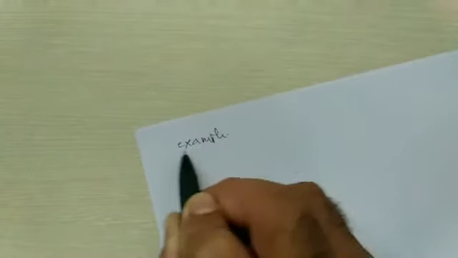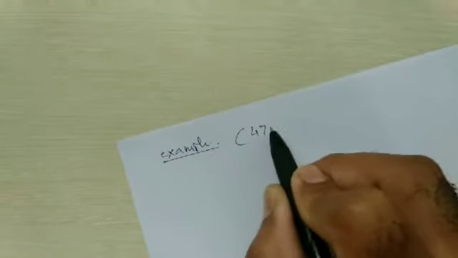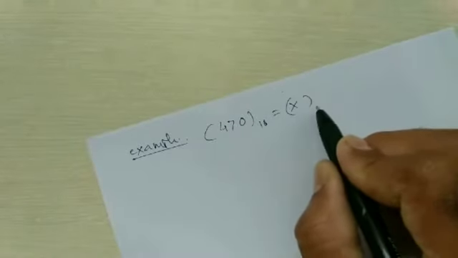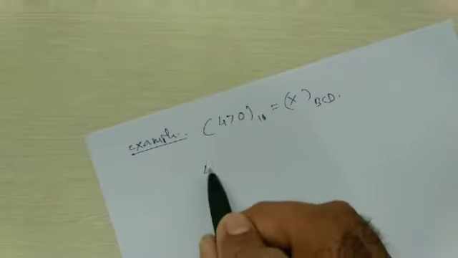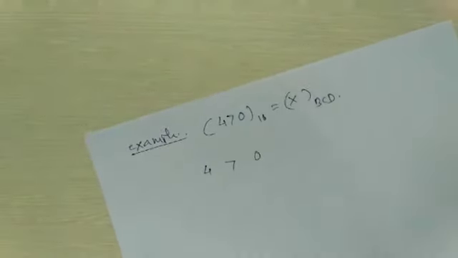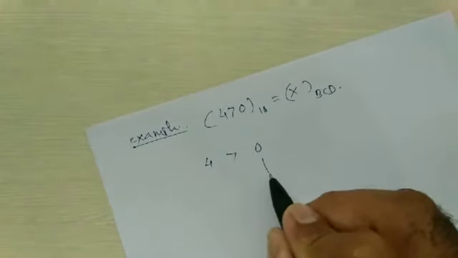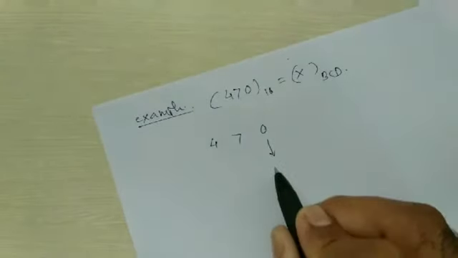Try another example. Suppose 470 decimal, we have to convert it into its BCD equivalent, not binary. The procedure is to write this number in such a way that there is some space between adjacent digits. Then write the 4-bit binary equivalent of each number.